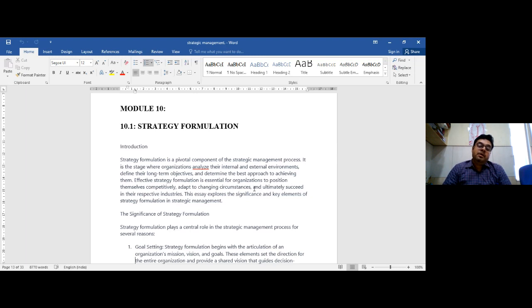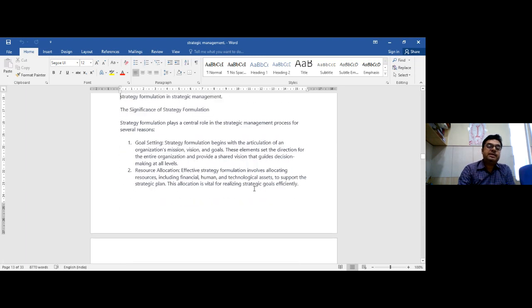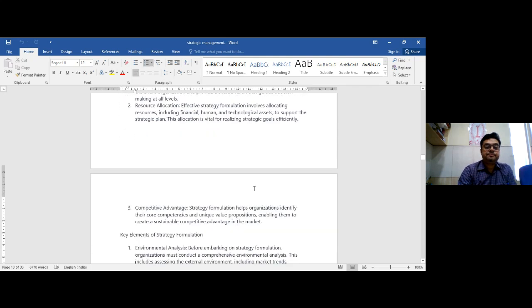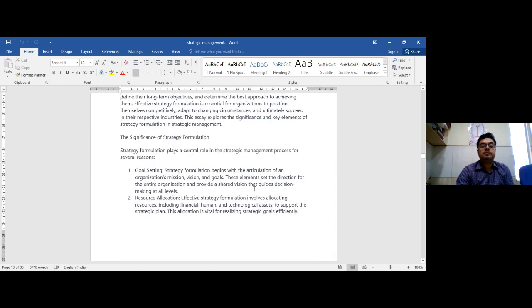Now, what is the significance of strategy formulation? Why is strategy formulation considered to be important? Strategy formulation plays a central role in the strategic management process for several important reasons.